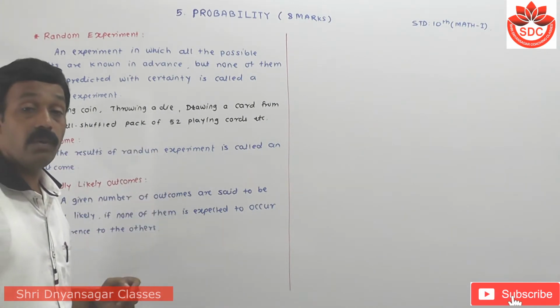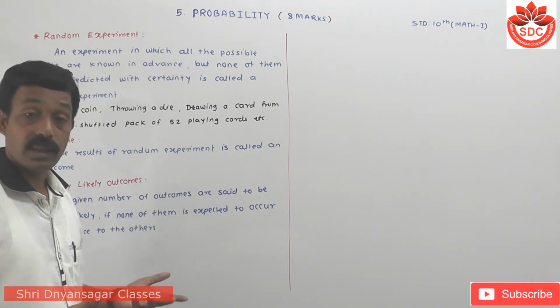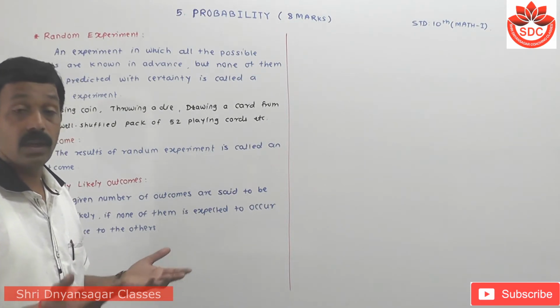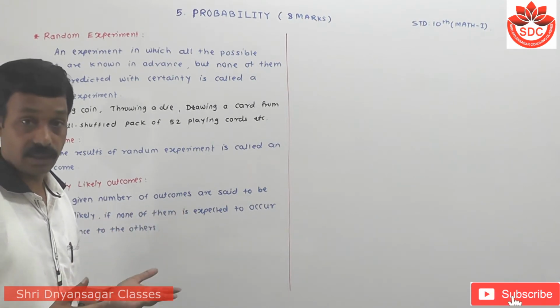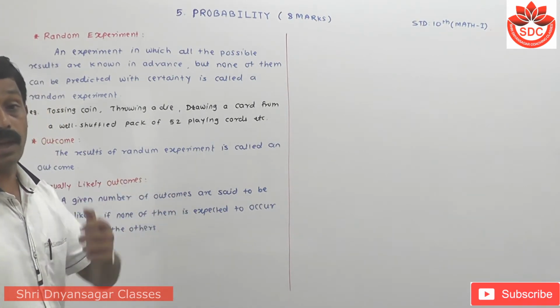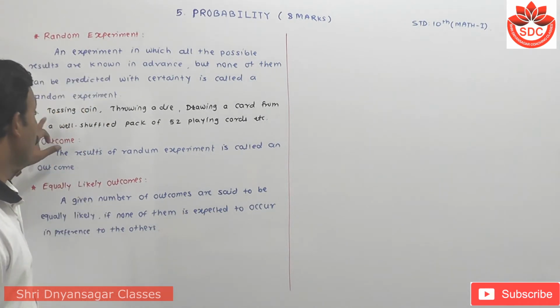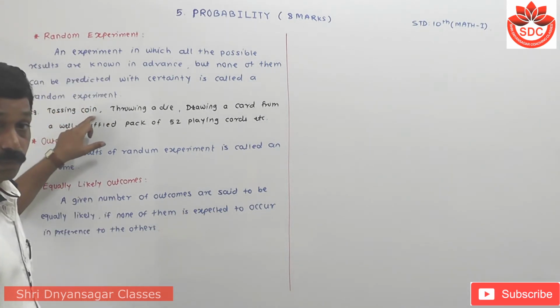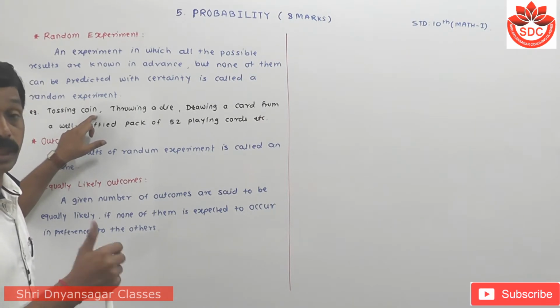When we toss the coin, we know the result is head or tail, but none of them can be predicted. म्हणजे प्रत्येक कोणाला काय मिळेल हे माहित नसतं. Such type of experiment is called a random experiment. For example, tossing a coin, there are two possibilities, head and tail, but none of them can be predicted.